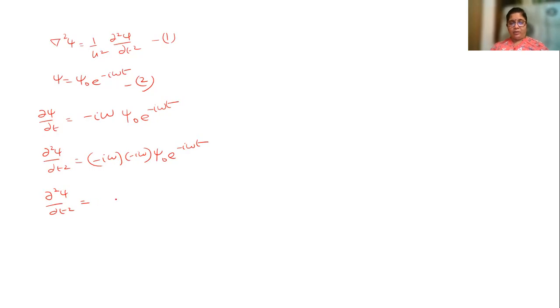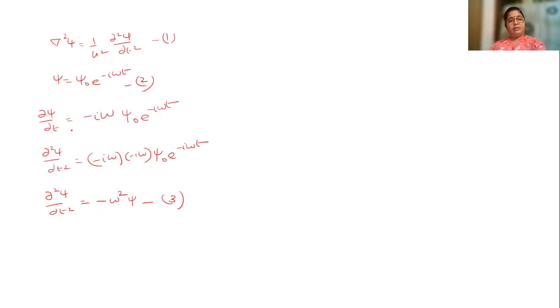You know i square is equal to minus 1, so I will have minus omega square, and instead of psi naught exponential minus i omega t, I can very well write psi. So dou square psi by dou t square is minus omega square psi, my equation 3. Now obviously what should I do? I should substitute equation 3 in equation 1.